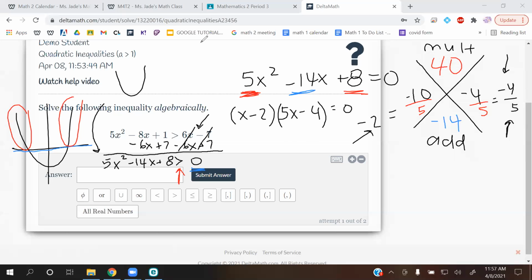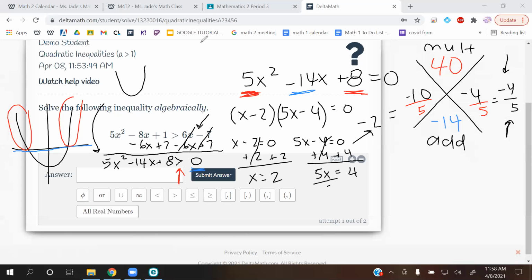Let's set each side equal to 0, and then we can solve for x. So I'm going to add 2. Those cancel out. x is equal to 2. This one I'm going to add 4. 5x is equal to 4.